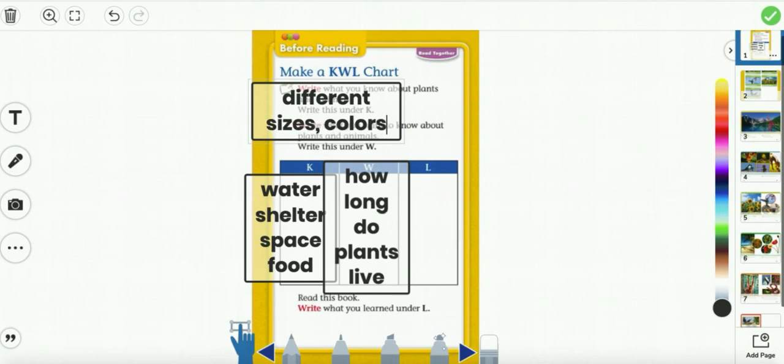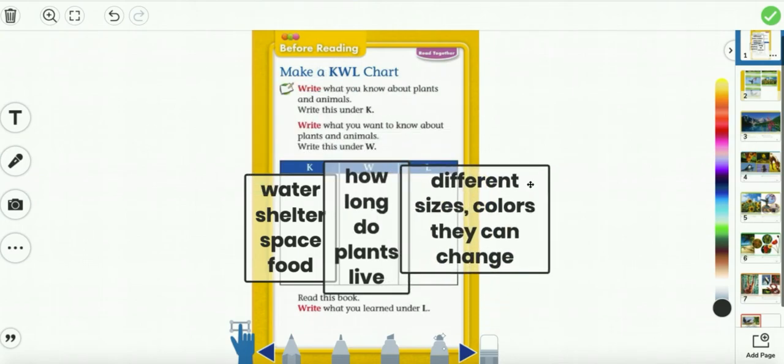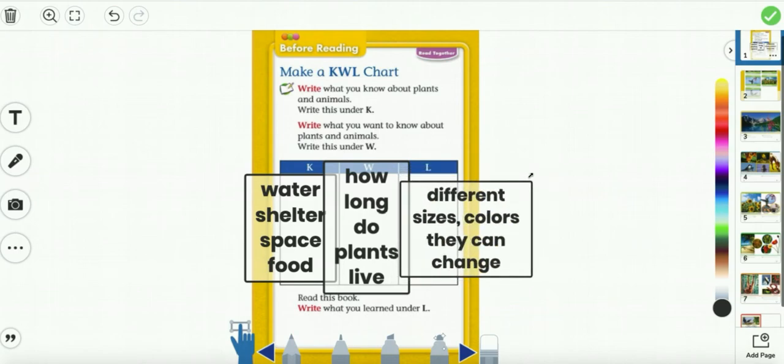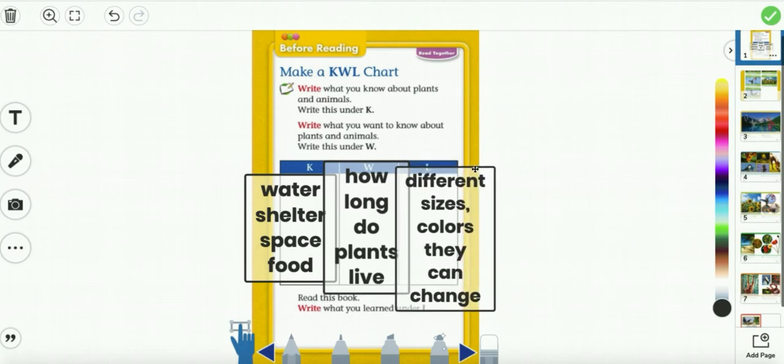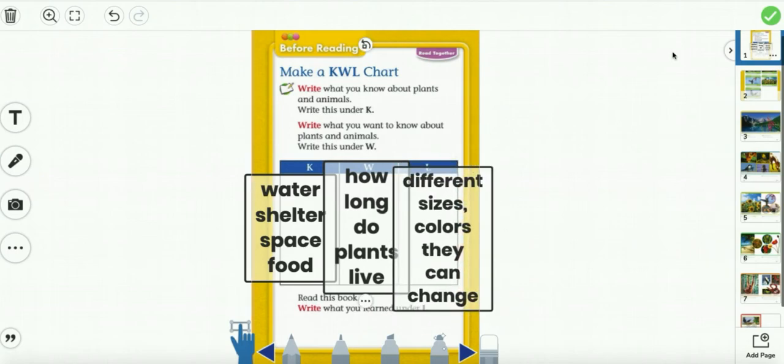We also learned that they change. They can change. So we're going to go ahead and put this under the L, something that we learned. And if you learned something else, you can go ahead and put that in the L.